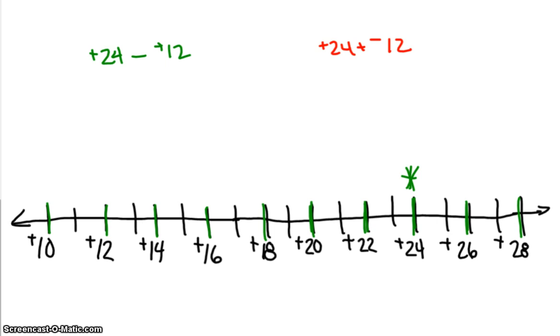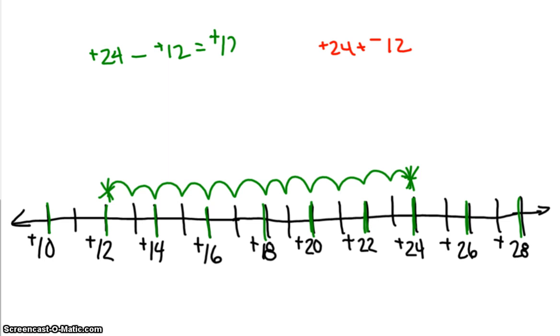Positive minus a positive should equal a smaller value. So our number is going to move to the left. 1, 2, 3, 4, 5, 6, 7, 8, 9, 10, 11, 12 times to our stopping point here. So positive 24 minus a positive 12 will equal a positive 12.